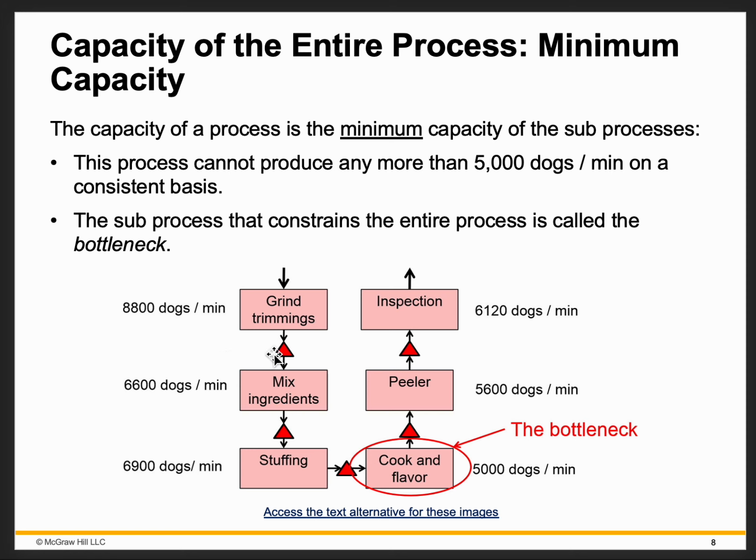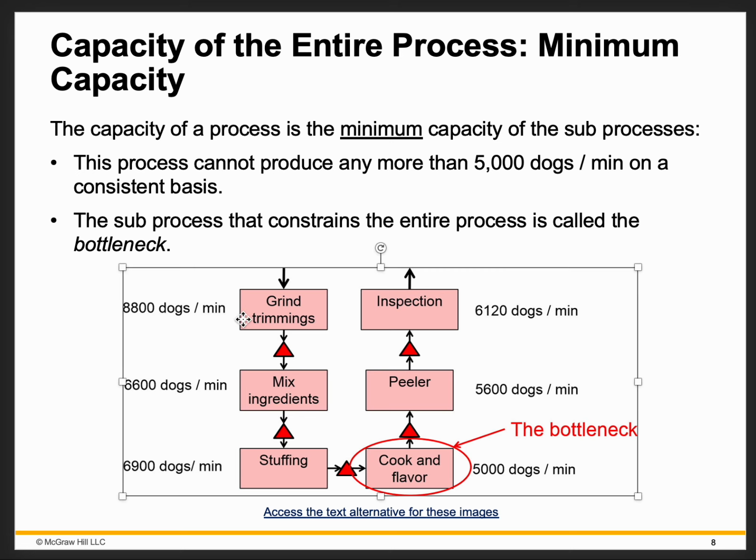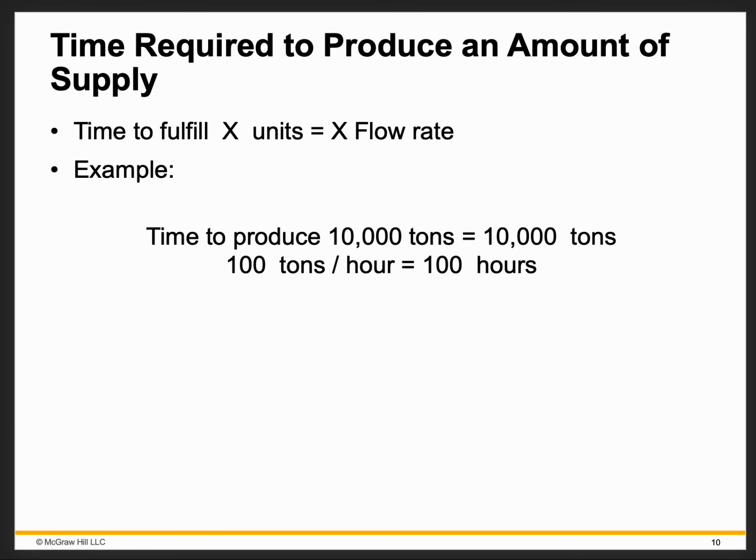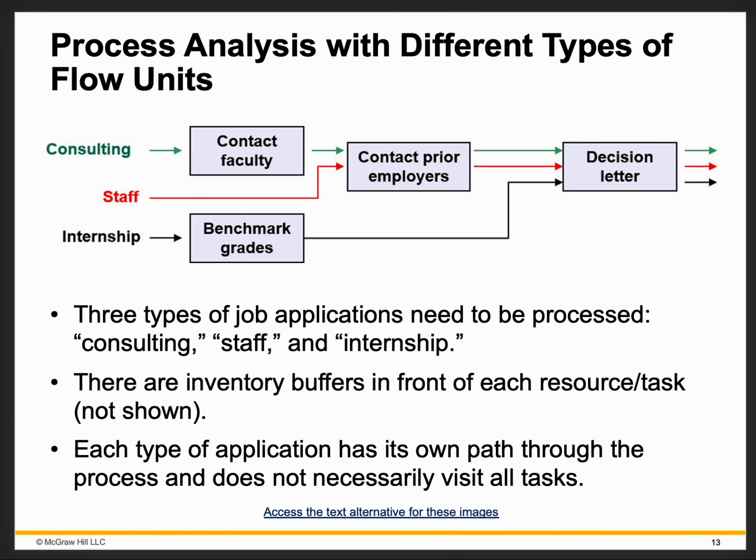So the grind trimmings process has an implied utilization of 4,000 divided by 8,800, which is much less than for the whole process, which is 4,000 divided by 5,000. So each individual stage has its own implied utilization. It's good to know what the implied utilizations are so you can compare them against each other. It's just, again, a different metric giving you the same answer basically.